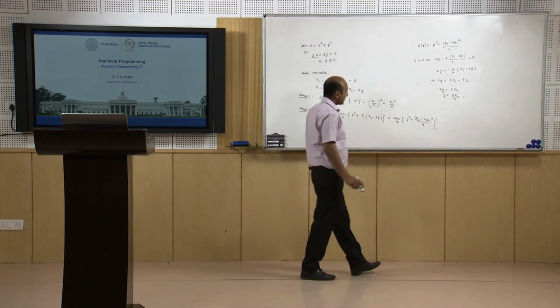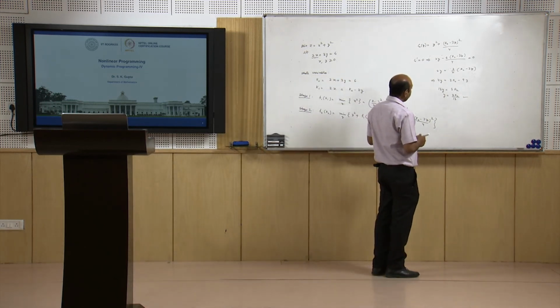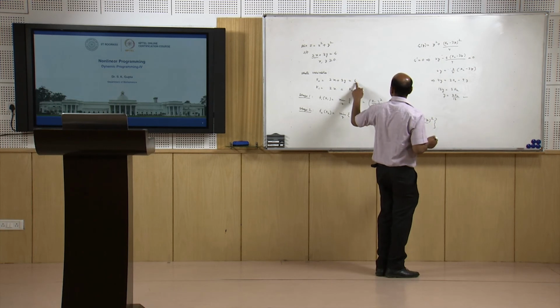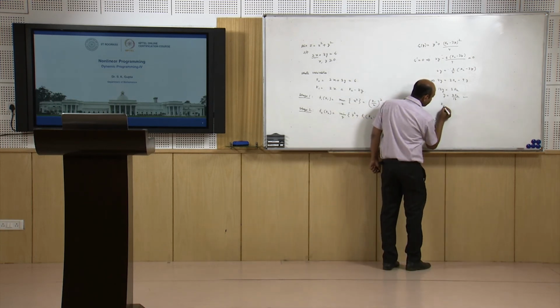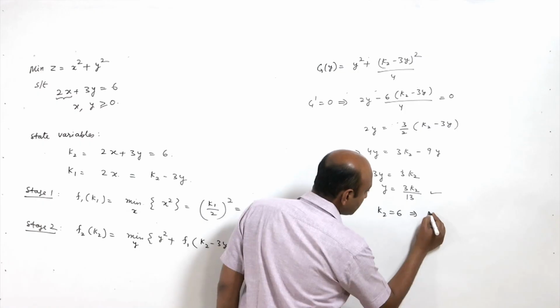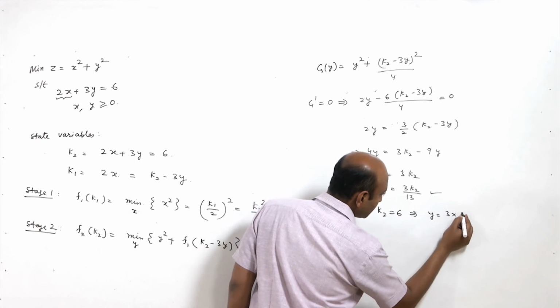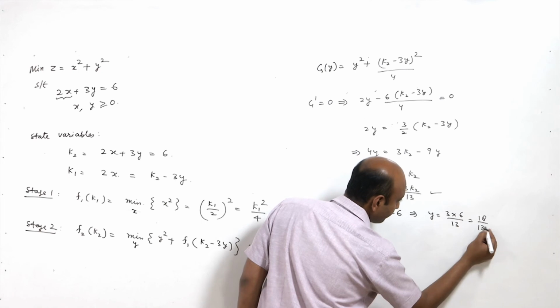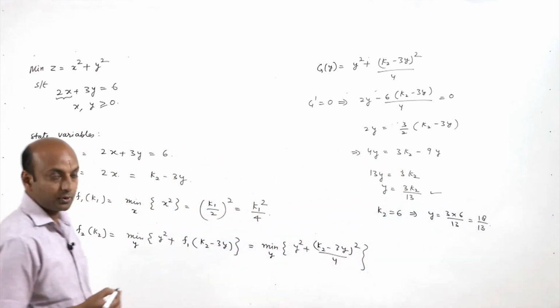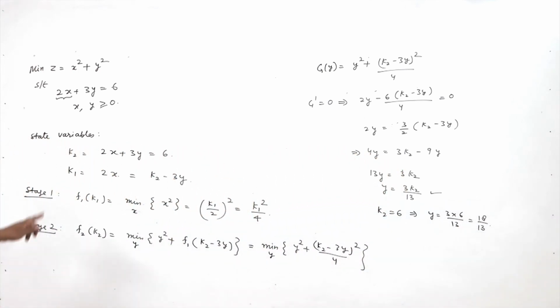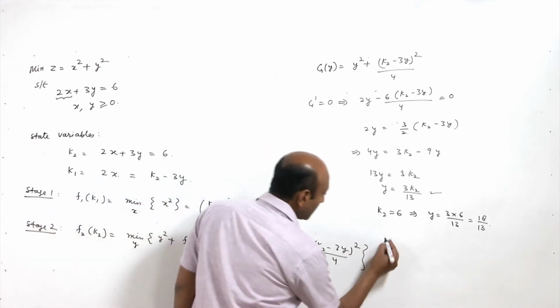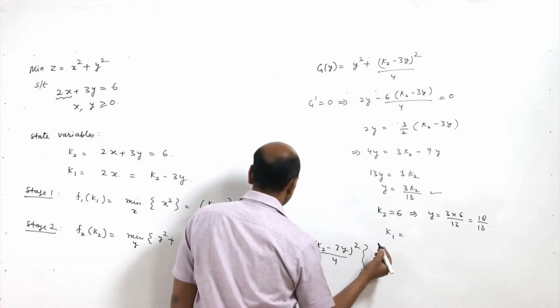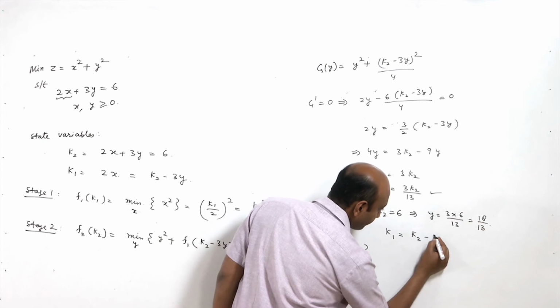Now, k2 is 6. So this implies y equals 3 into 6 by 13, which is 18 upon 13. And now k1 is k2 minus 3y.